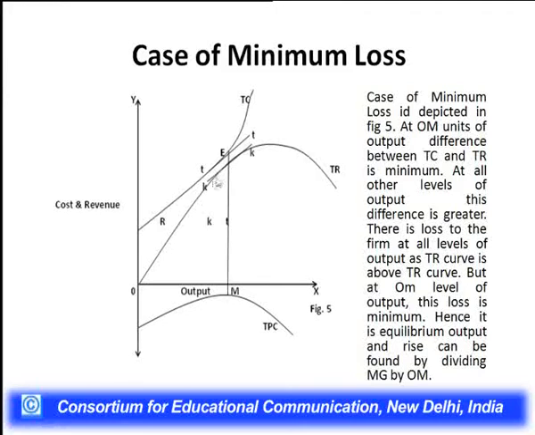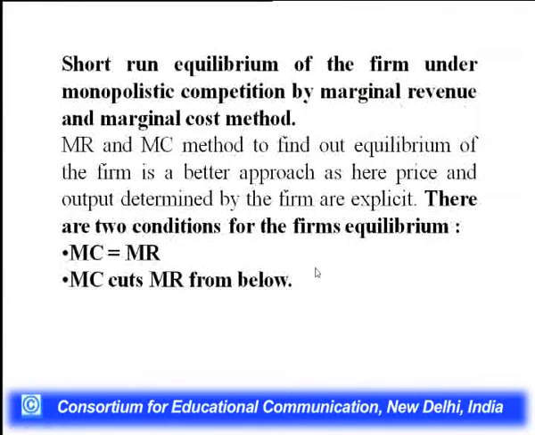Again, to find that, we draw tangents to TR and TC, and where they become parallel to each other, that will be the minimum difference between TC and TR, or the minimum loss. The total profit curve is drawn by knowing the difference between TR and TC. So this starts from the negative portion because there are losses or negative profits. Here OM output is produced and the firm has the minimum loss.